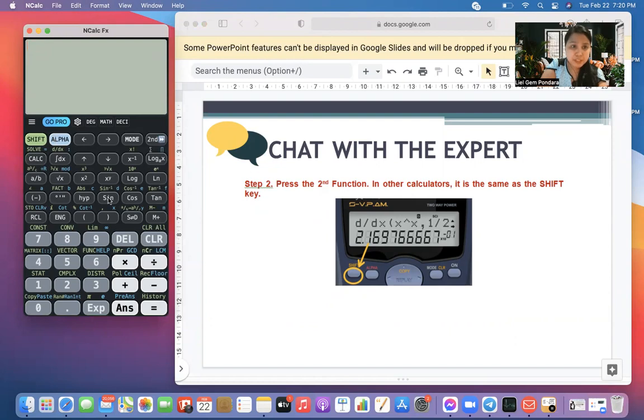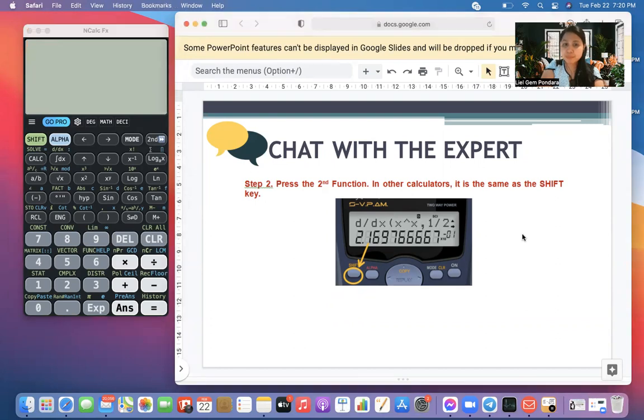But if you're looking for the sine -1, it means the inverse of sine, so cosecant. Then it's in green color. So you can press shift, then sine. You see that sine's the -1. It means it's equal to 1 over cosecant, or that is the inverse.